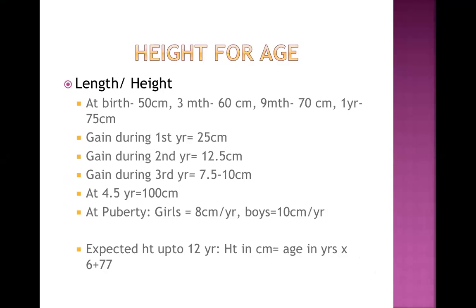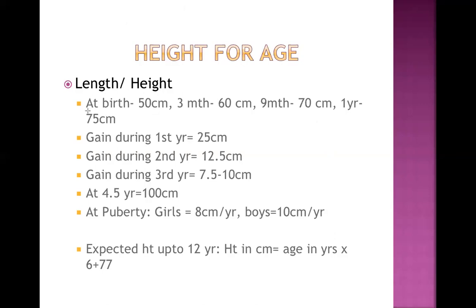Now, after weight for age, let's talk about height for age. Height for age means we again ask what the age of your child is, then we take the height and we compare with the standard one. Length or height at birth is 50 centimeter. This is the average one.